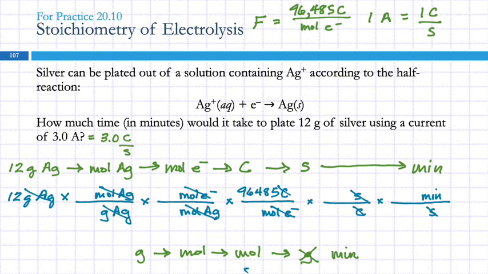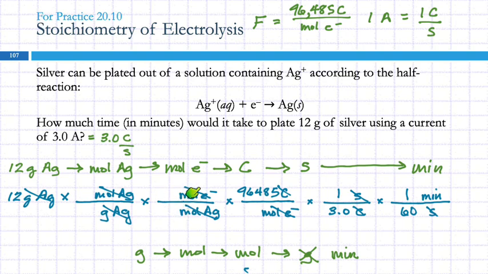So coulombs is in the denominator, so 3 goes down there with coulombs. And per how many seconds? Per 1 second. I'm just going to put the number with its unit. I don't have to think. Minutes and seconds, what's the relationship? 60 seconds is 1 minute, right? Not, do I multiply by 60 or divide by 60?